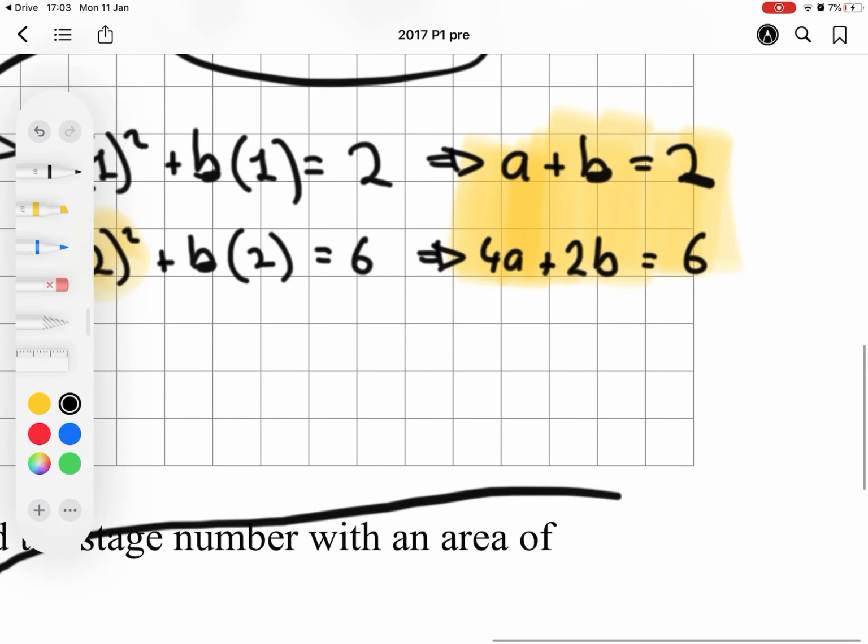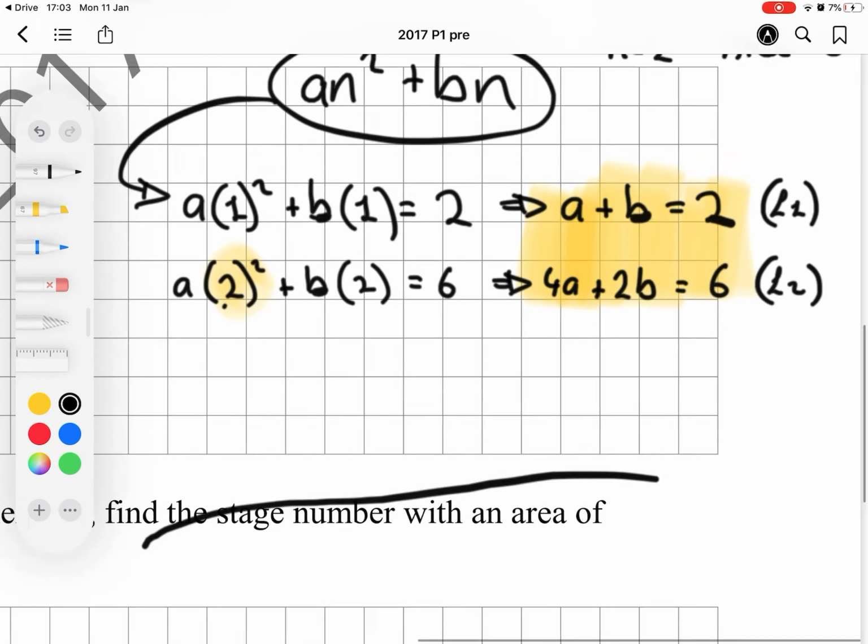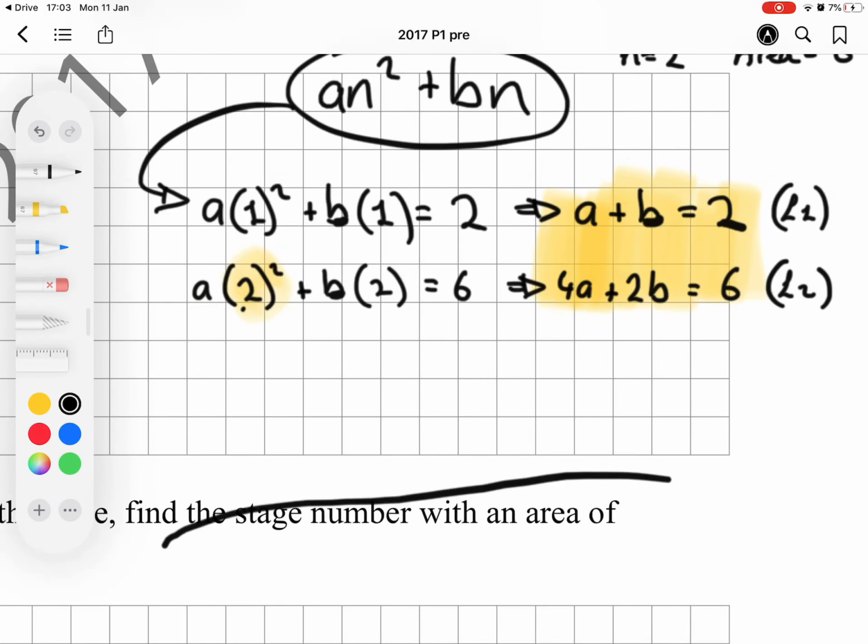In solving a simultaneous equation, I'm going to call this line 1 and this line 2. If I multiply line 1 by minus 2, that would leave me with minus 2b here and 2b here, and when I add those lines together, the b's will cancel out. So line 1 multiplied by minus 2 gives minus 2a minus 2b is equal to minus 4.